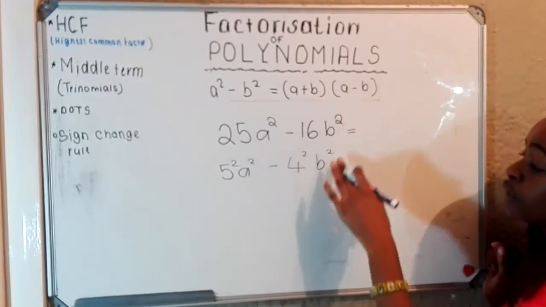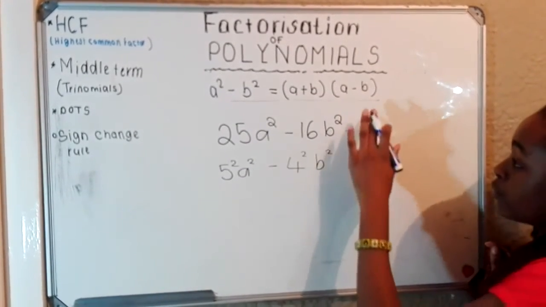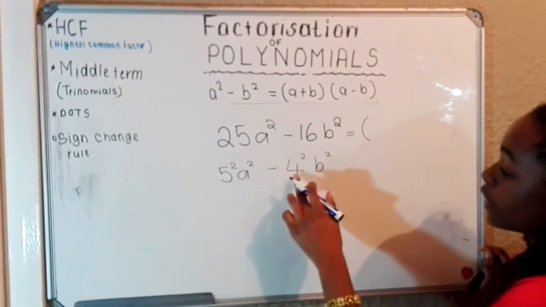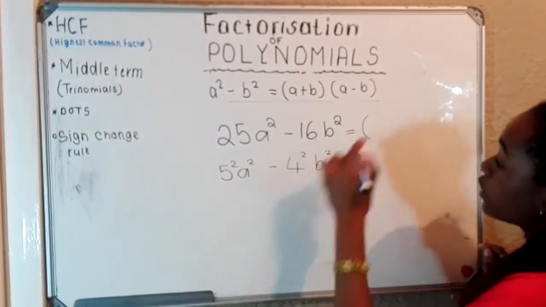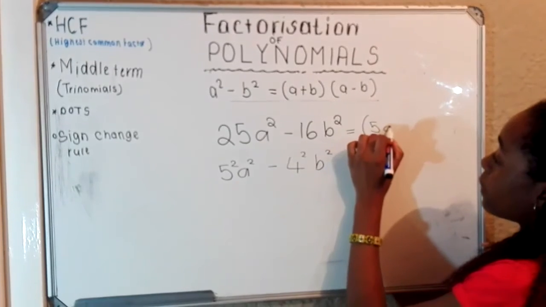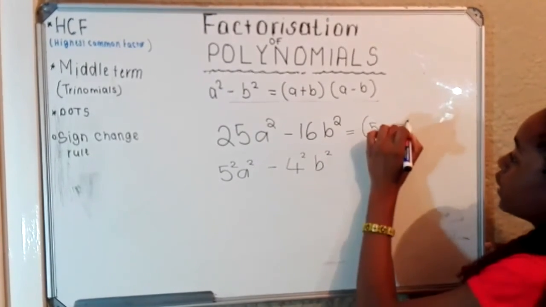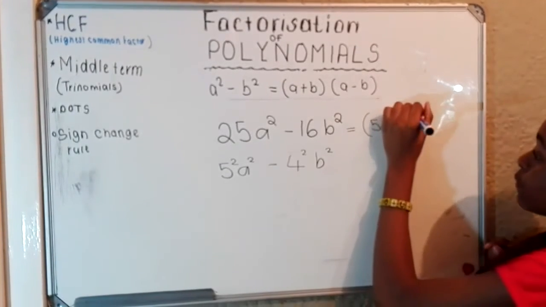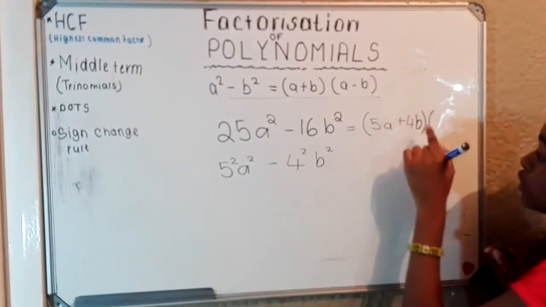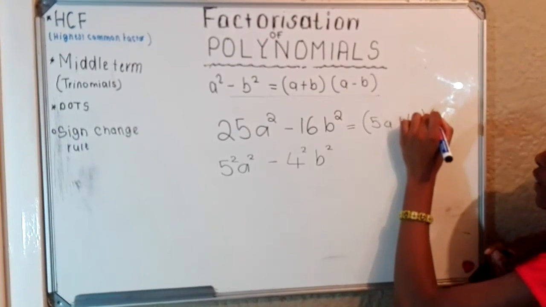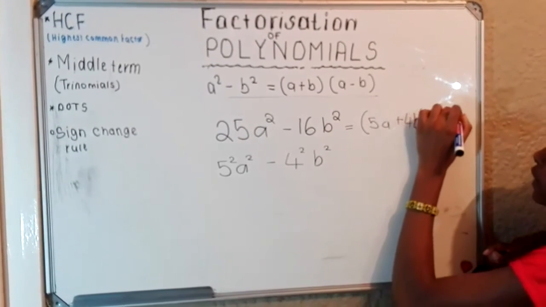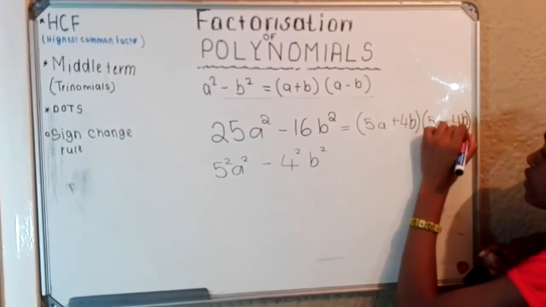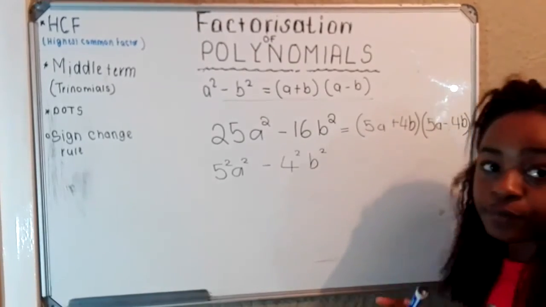So if we had to factorize it, according to our formula, you're going to have your brackets here, and we're going to say 5a minus 4b, or plus 4b. Either way, it's still the same. You can say plus 4b, and on this side, you're going to have 5a minus 4b, okay? So that's the factorized answer, okay?